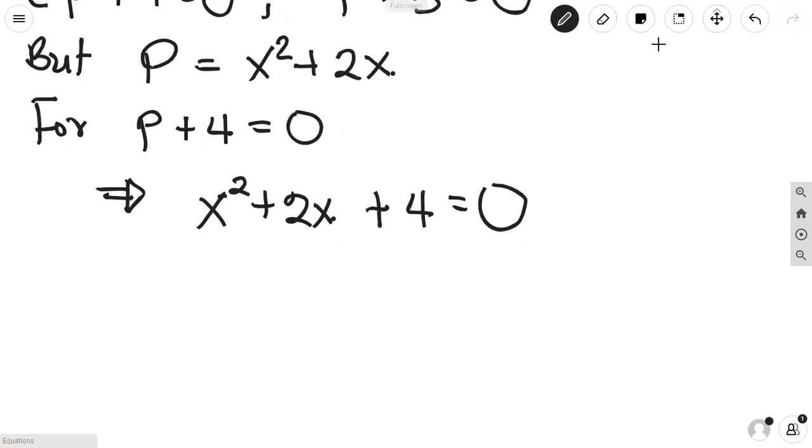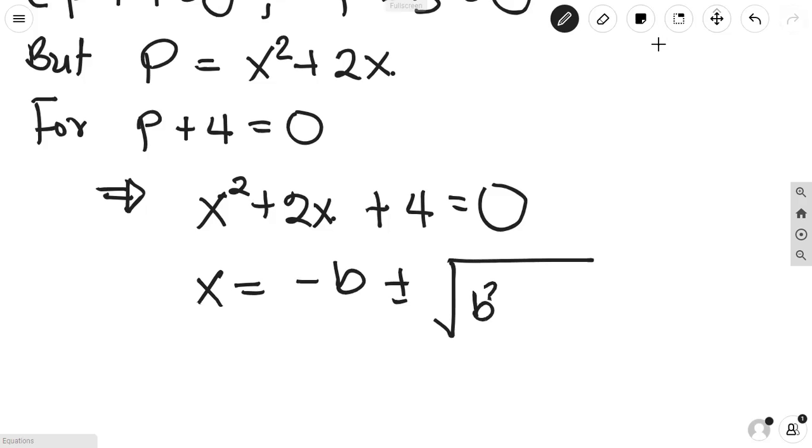A close look at solving this using the general formula. You recall the general formula? x equals minus b plus or minus the square root of b² − 4ac, divided by 2a, will give us some information about the solution for x.